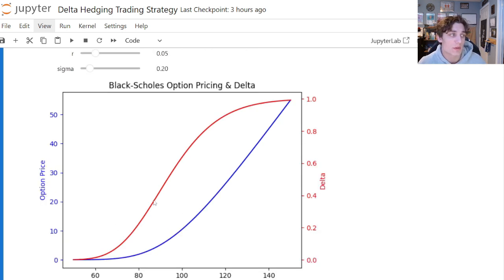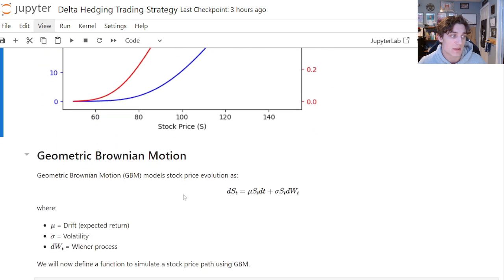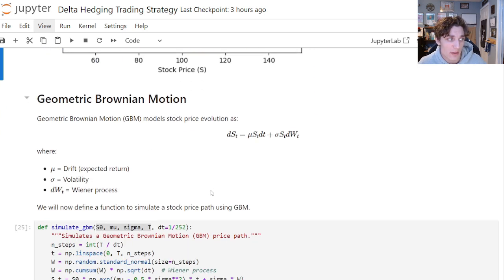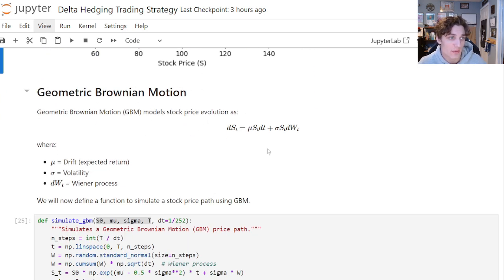This model, of course, assumes that the dynamics of the stock follow a geometric Brownian motion that is characterized by this stochastic differential equation. And this stochastic differential equation is parameterized by a volatility term, a drift term, and a Wiener process, that is the Brownian motion itself.